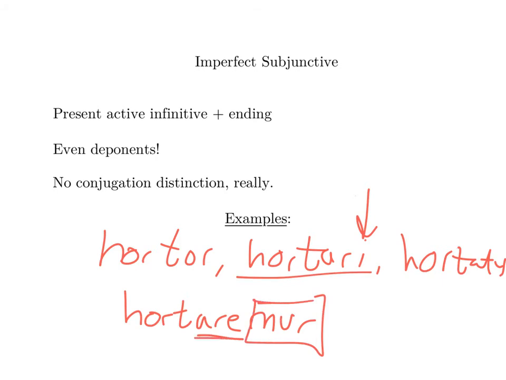But you have to invent that form there. Hortaremur. We were urging. All right, so remember, for imperfect subjunctive, infinitive plus ending. That's the biggie. The present active infinitive plus the ending. We'll expand on that rule a little bit, but that's going to be a big one for the imperfect subjunctive. It's different, but it's actually quite easy.